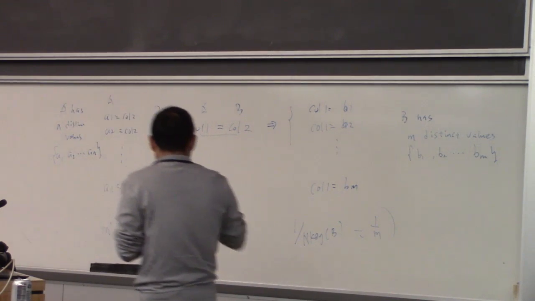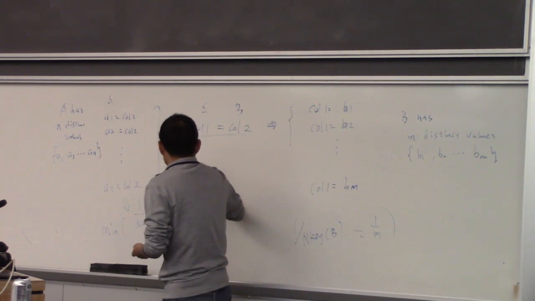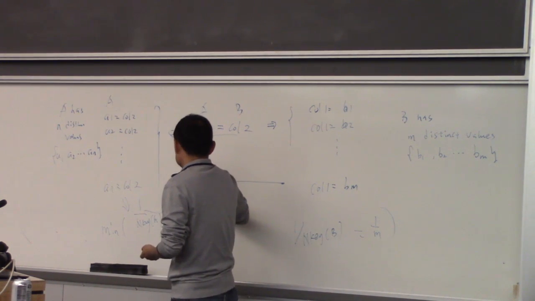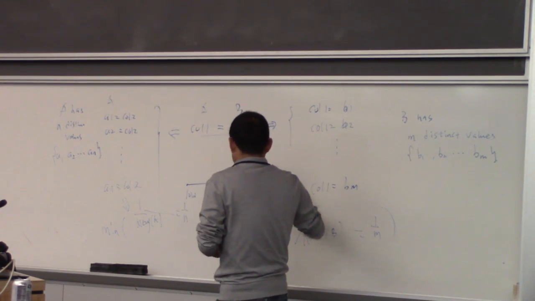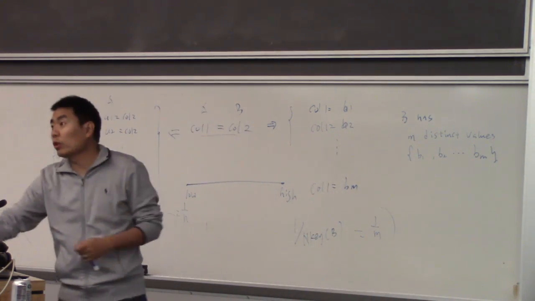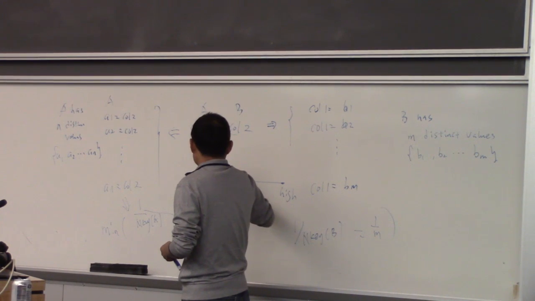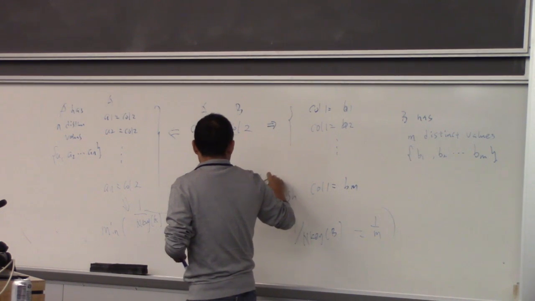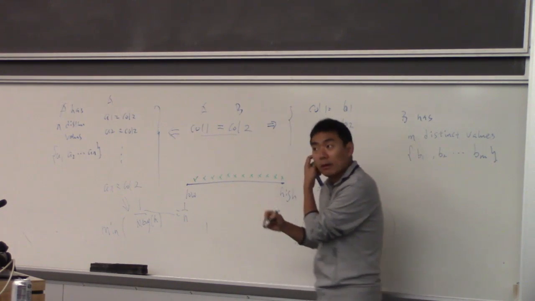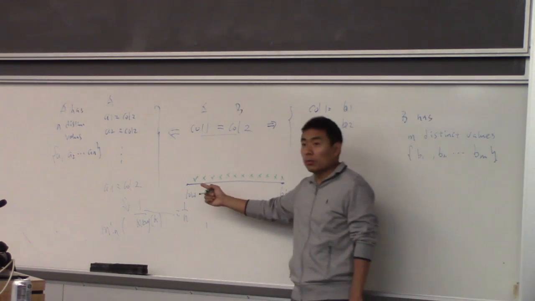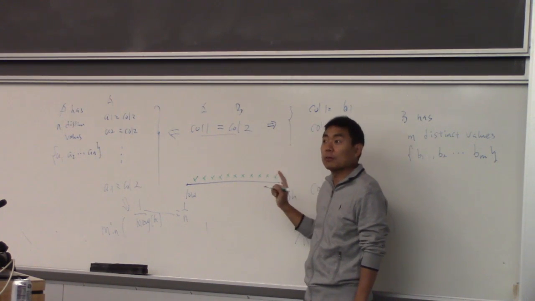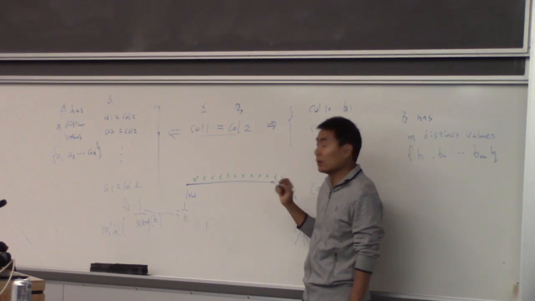Why is that? Well, if this is your possible domain, and you assume uniform distribution, the records are distributed like this. These are the distribution of the records with respect to this particular value.